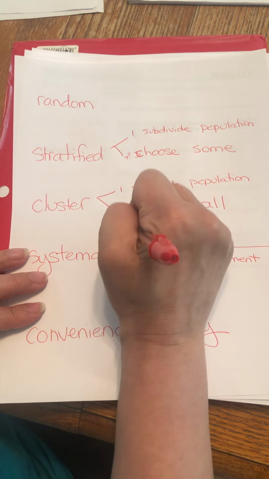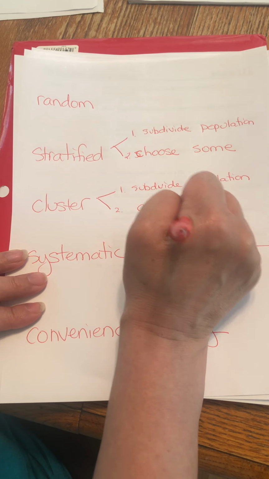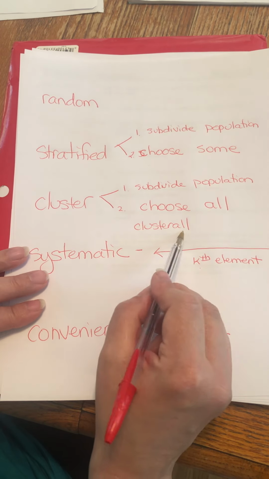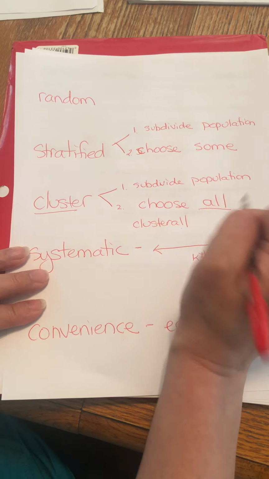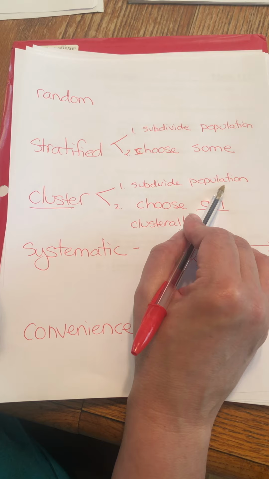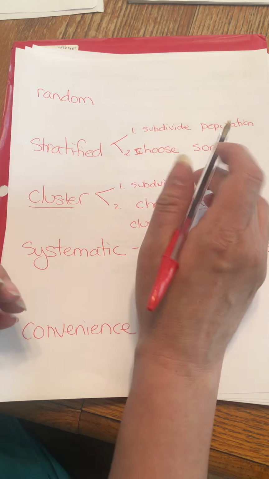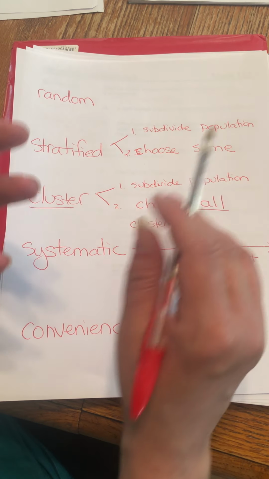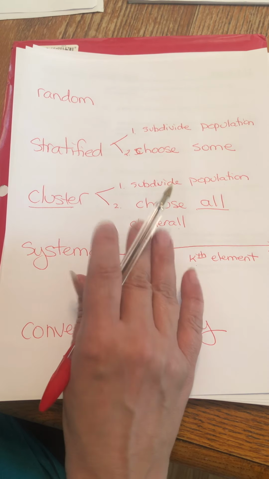And remember, the hint I gave you was cluster all, like your cholesterol levels, cluster all. So in cluster, you're going to choose all people from one of your subdivided groups, whereas in stratified, you're only going to choose some from your subdivided groups.